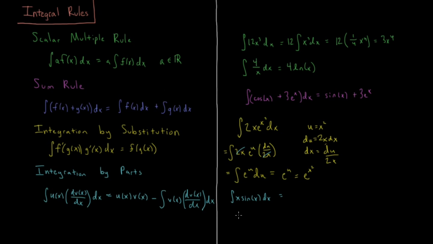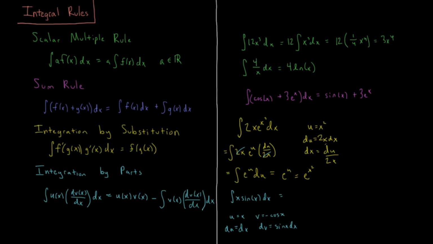So I'm going to say u equals x, and v equals minus cosine x. So we're going to have du equals dx, and dv equals sine x dx.